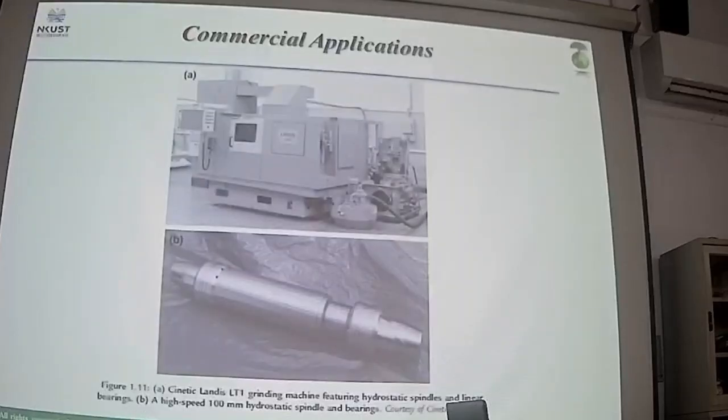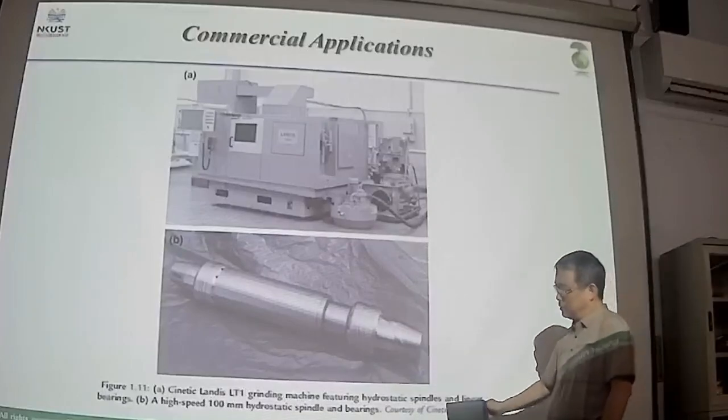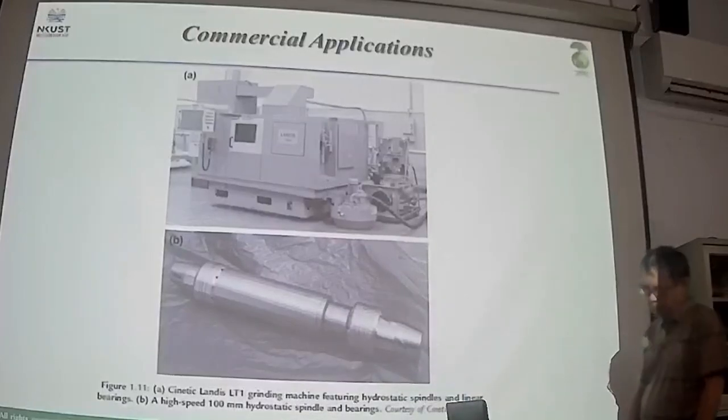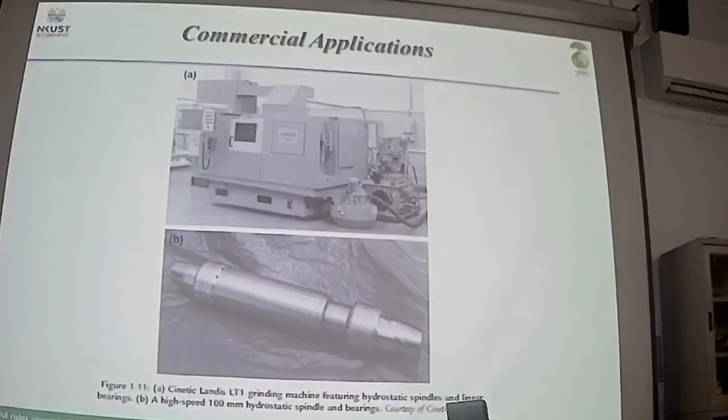Here is the example for the grinding machine. So this is the grinding spindle. It's made of traditional hydrostatic bearing, two thrust bearings and two journal bearings in this case. And also the linear guideway system is also made by hydrostatic.